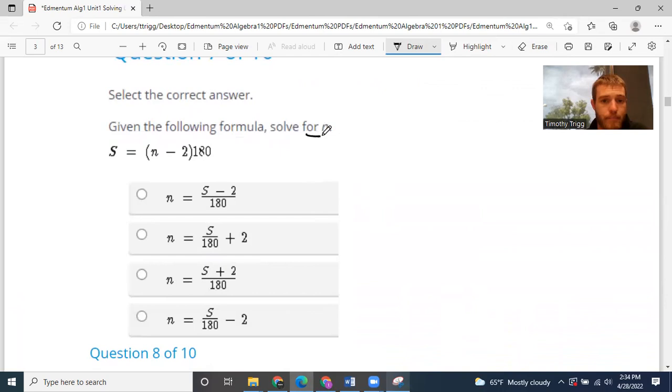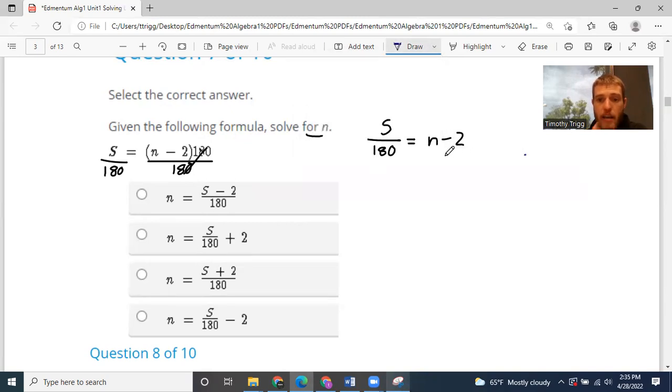Solve for n. So we want to get n by itself. Once again, you see how this has this 180 factor in front of this parentheses? I can go ahead and divide both sides by 180 to help simplify my equation, giving me s over 180 is n minus 2.